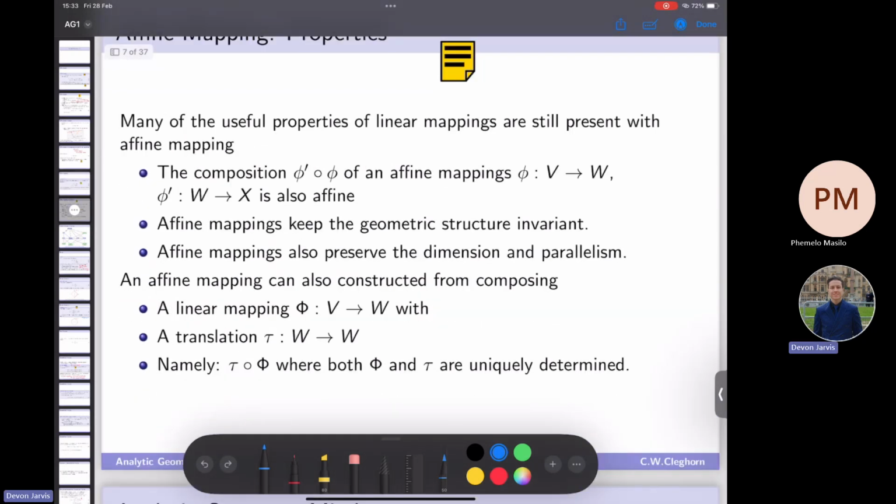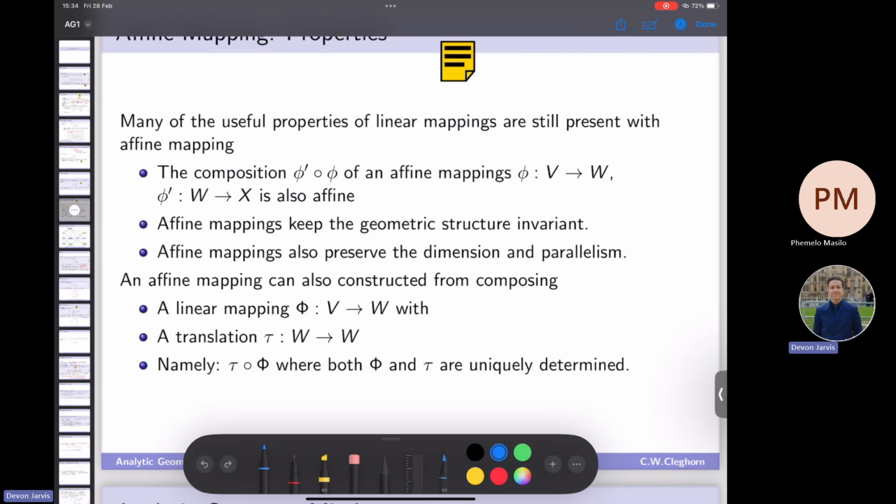Many of the useful properties of linear mappings are still preserved in affine mappings. So, for example, you can compose them. And so if you have an affine mapping from V to W and then from W to X, you can get an affine mapping from V to X. Affine mappings keep geometric structure invariant. So things like lines that are parallel will stay parallel.